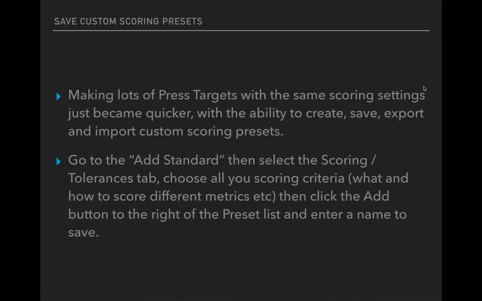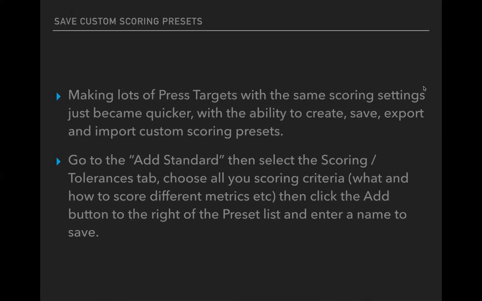So you go to the add standard window, either to create a new press target or to edit an existing one. You then go to the scoring and tolerances tab and select all of the different scoring criteria that you want.